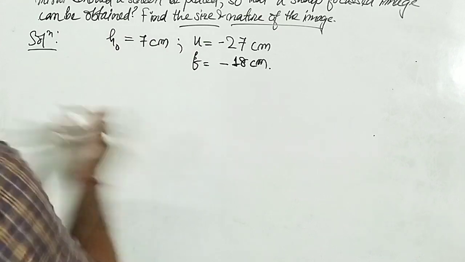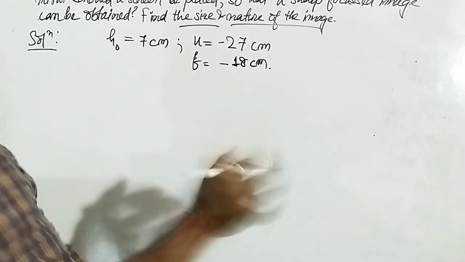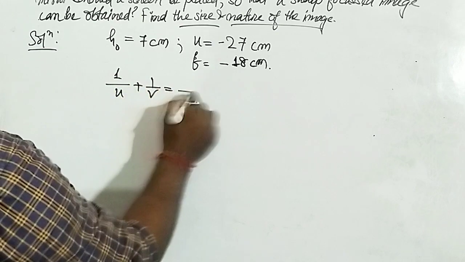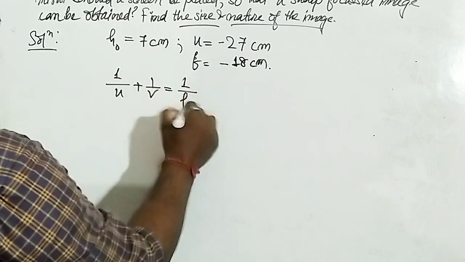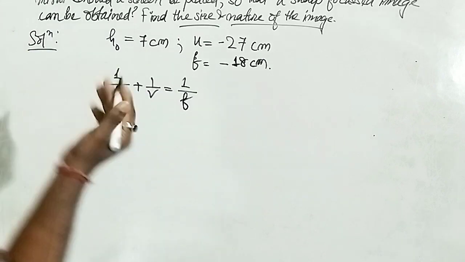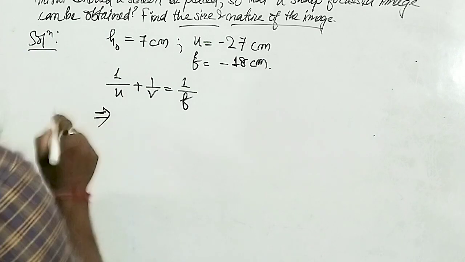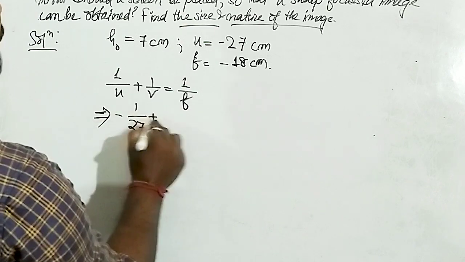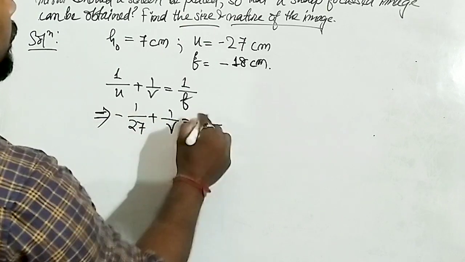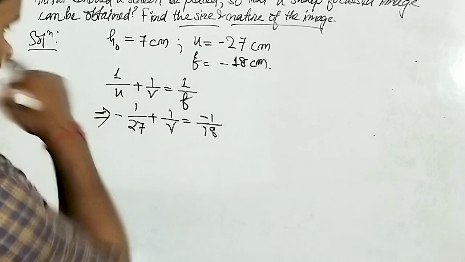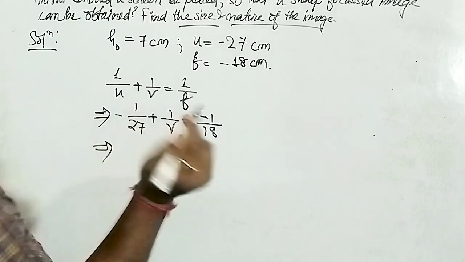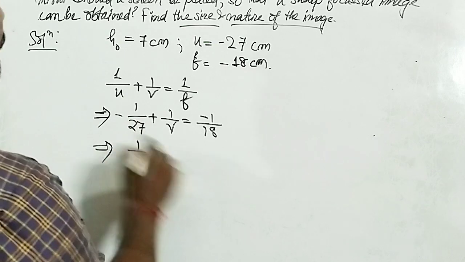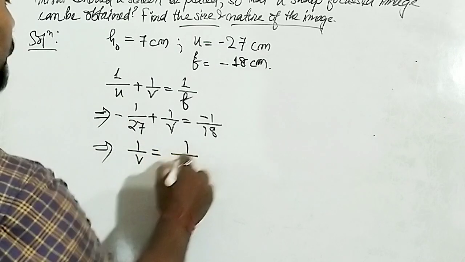So we will use one formula. That formula is nothing but the mirror formula. So this is 1 by u plus 1 by v equal to 1 by f. So we need the v. Write down the values: 1 by minus 27 plus 1 by v equals minus 1 by 18. Simple. Now we will keep 1 by v on the left side. I will move the 1 by 27 there.